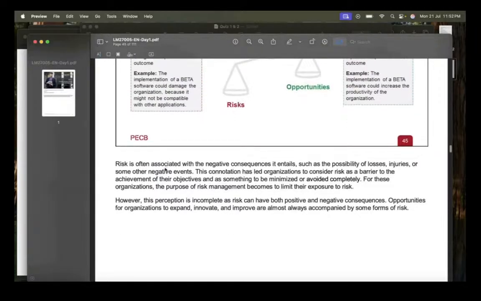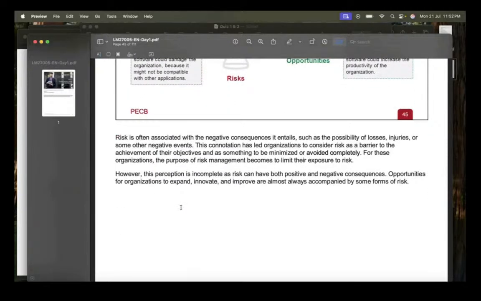Moving forward, there's a little note mentioned here as well, that risk is often associated with negative consequences, such as possibility of losses, injuries, and other negative events. So, of course, as we can understand from the definition that we have read about risk, it is defined on the basis that it can have negative impacts.